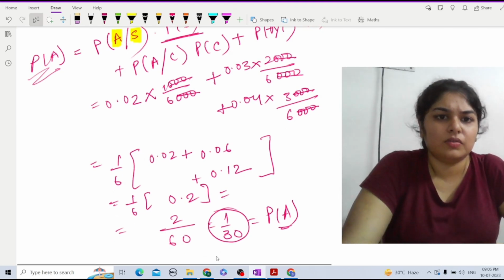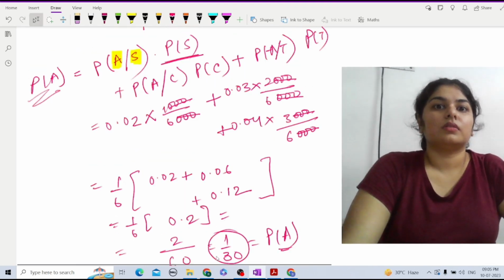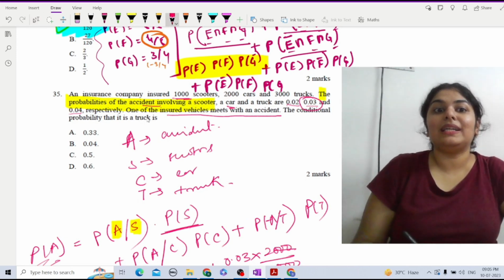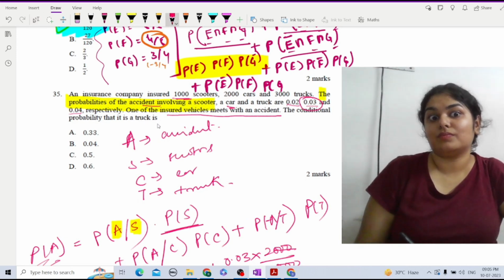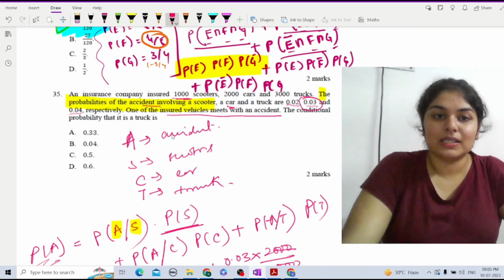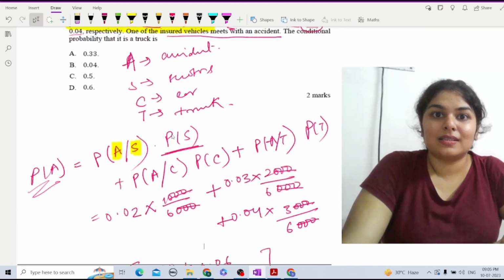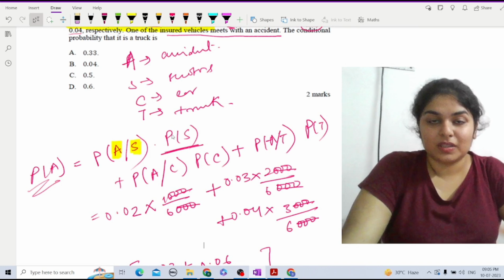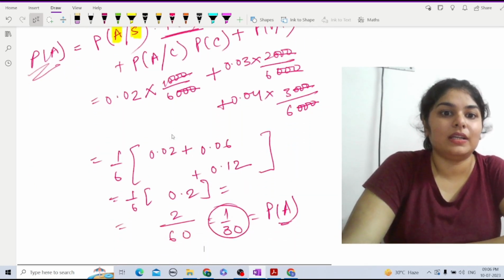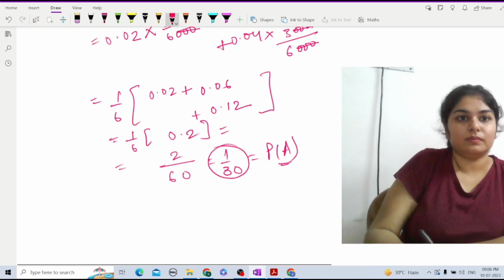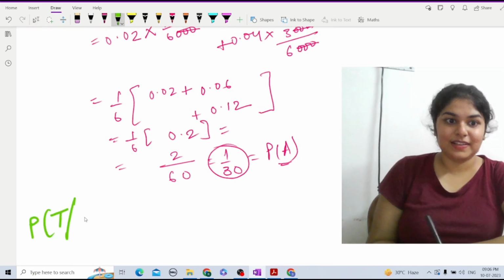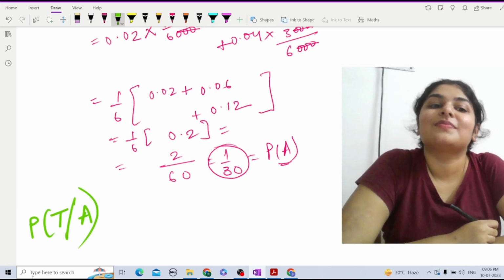Now what we have to find out here? We have to find out the conditional probability that it is a truck, okay. Probability that the accident that took place, the vehicle is a truck, given that it is insured. So basically we have to find out probability of truck meeting an accident given that it is insured, right?